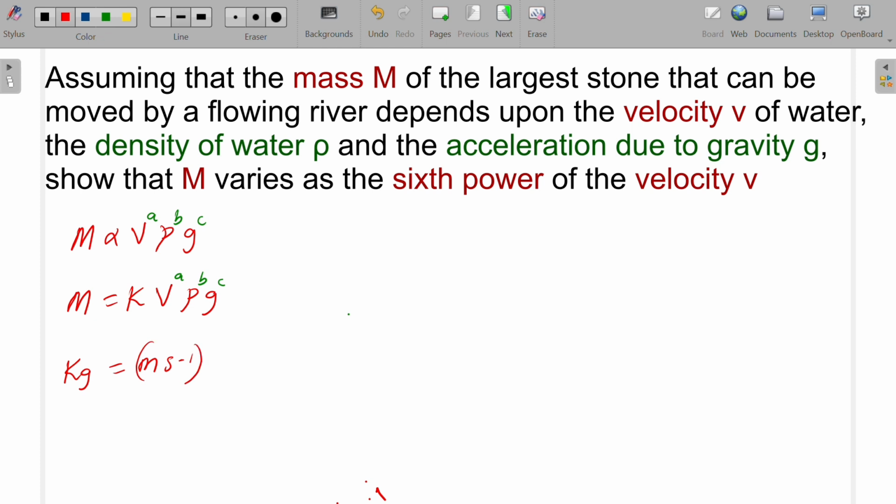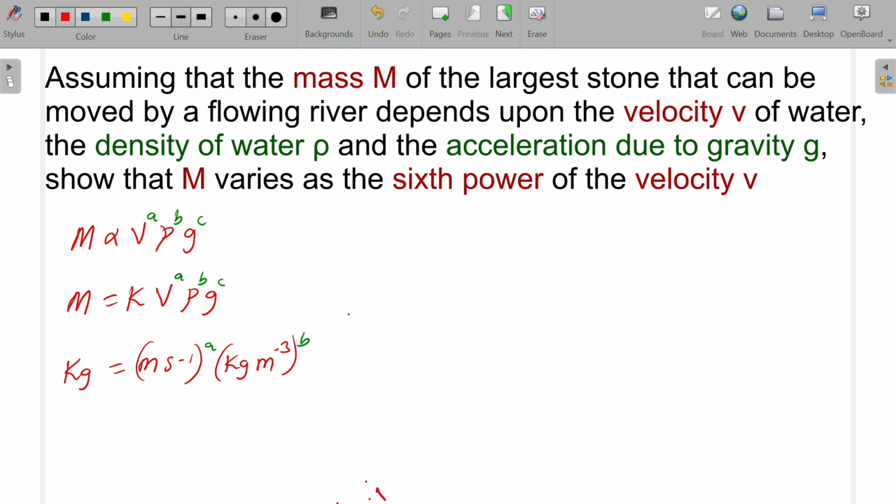And this whole thing is given to the power of a. Then this is multiplied by density, which is measured in kgs per cubic meter, and this whole thing is given to the power of b.